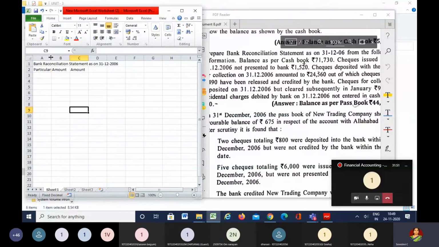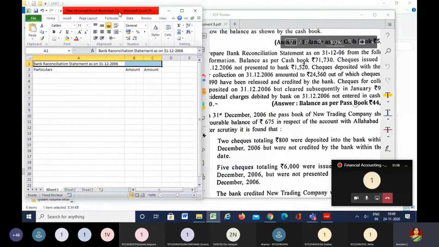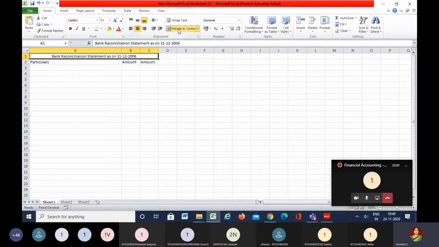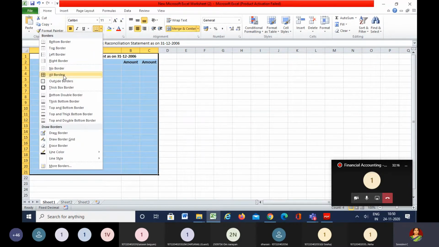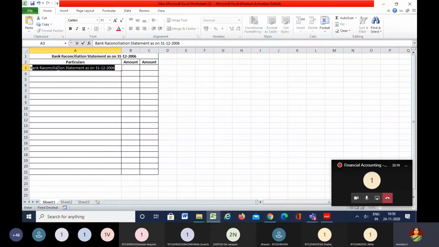So here, now write down balance as per cash book.